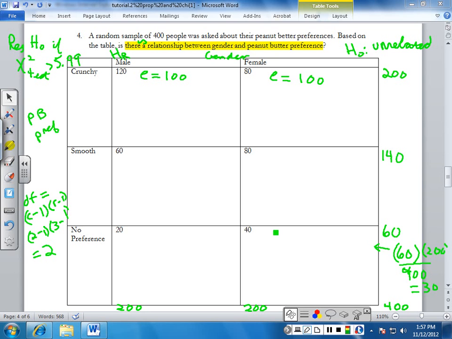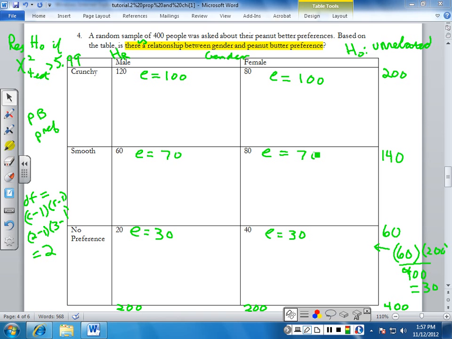So the expected value here is 30, as is the expected value here. And in this one, it'll be 70, or half of 140 for each male and female. So if we knew that there were no relationship between male and female, and we had 140 people that liked the smooth, if no relationship, we would expect a 50-50 split, the same split we have of males and females overall.